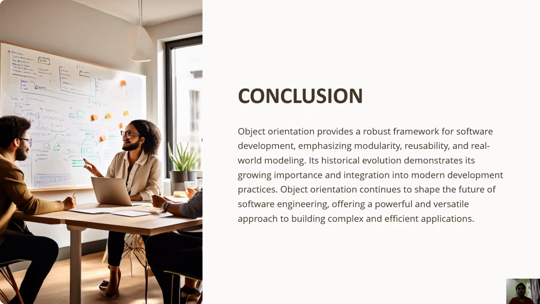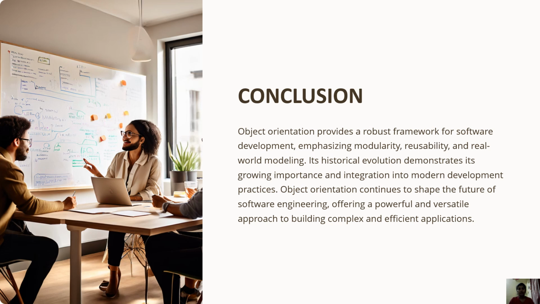Next is the conclusion. What we have seen in the previous slides is just a basic start on what object orientation is and how it is useful for software projects. Concluding this presentation: object orientation provides a robust framework for software development, emphasizing modularity, reusability, and real-world modeling.